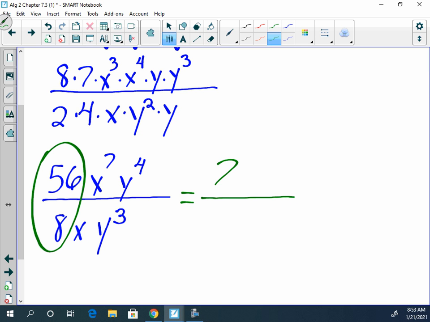Now our property with division, if like bases are divided, what do we do with the exponents? We subtract. So how many do I have on bottom? 1. 7 minus 1 is 6. Would it go on top or bottom? Top, because they are bigger on top.